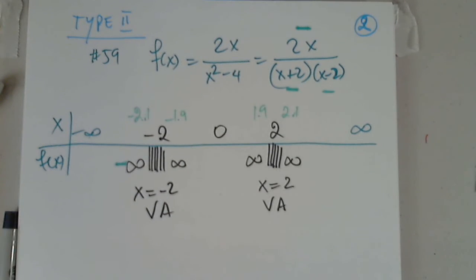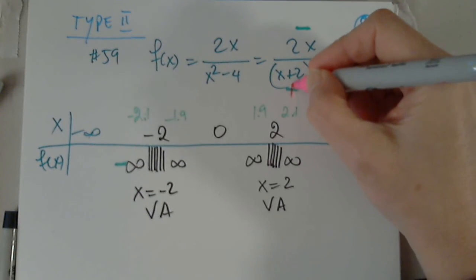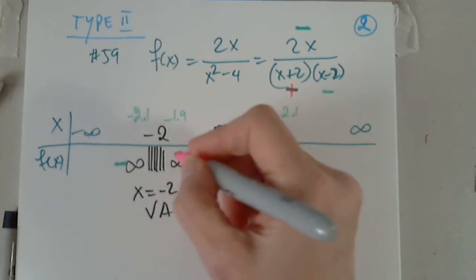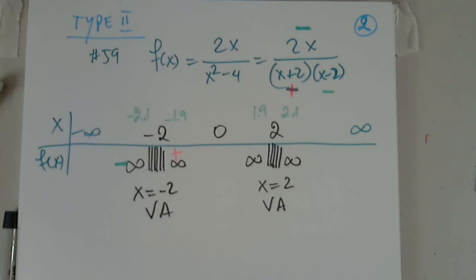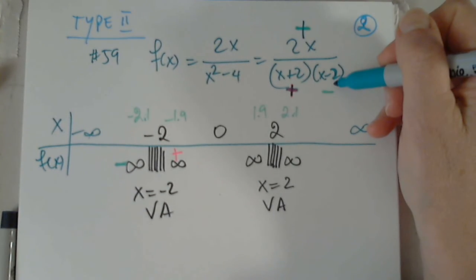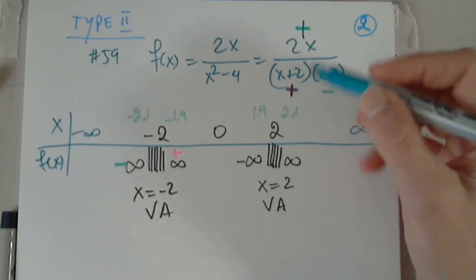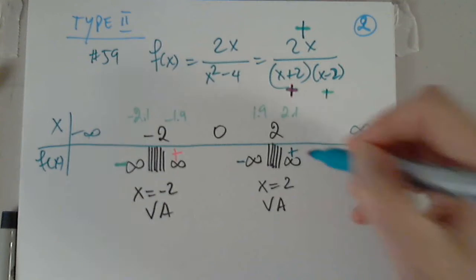When I plug in negative 1.9, negative, but this is positive now. Okay, so it's positive. When I plug in 1.9, the top is positive, the denominator is positive, but this is negative. So negative. And finally with 2.1, positive, positive, positive, positive.